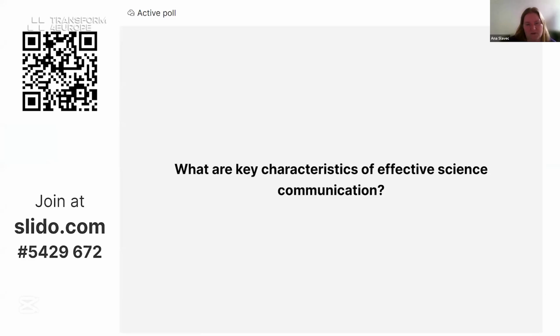The question that I have is, what do you think are key characteristics of effective science communication? This is an open question, so you can type an open response, and the result will be a word cloud of all of your responses. You can also type more than one response.